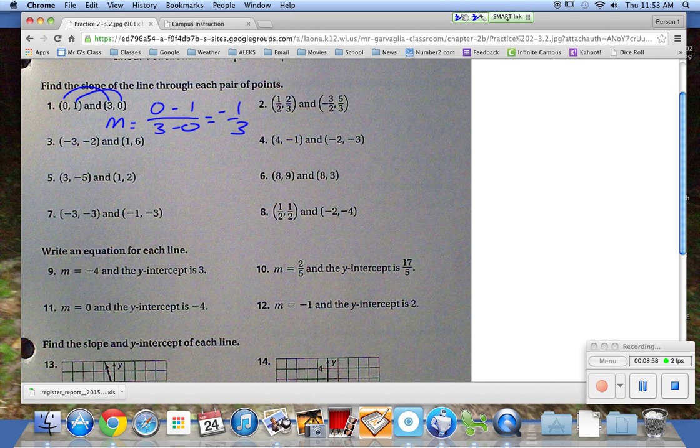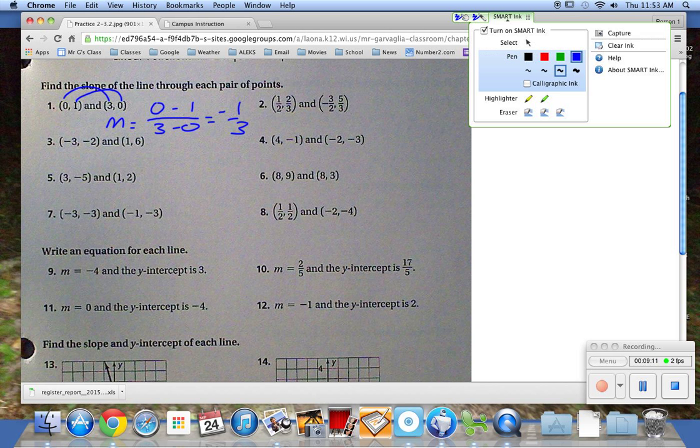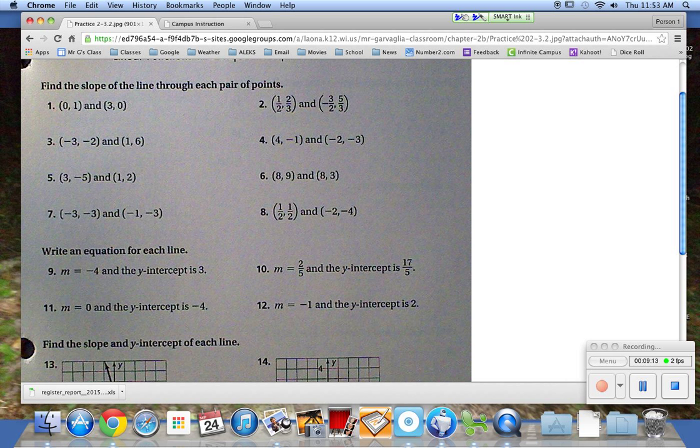Now, you can do it on paper. It works great. But I want you guys to start thinking a little more in your head. Paper is good if you have to. Here's what I want to start seeing: I always know that it's y over x. What's the difference between my two y's?